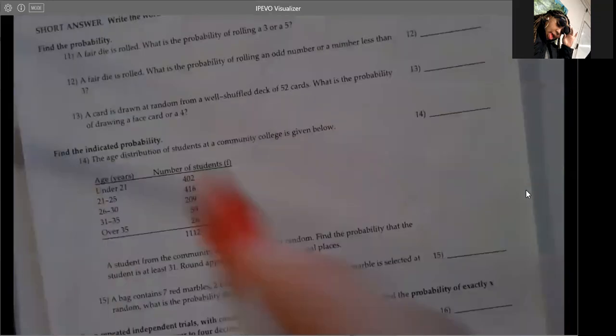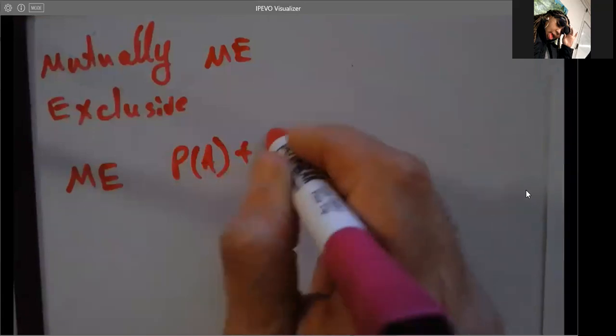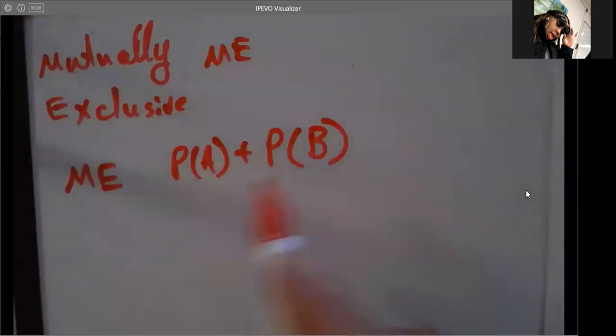Now, let's say mutually exclusive, or we'll just call it ME for mutually exclusive. To be mutually exclusive, probability of event A plus probability of event B. And that's all you have to do there, just add the two.